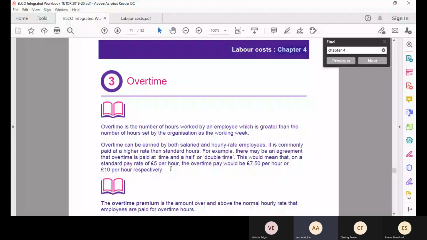Let's look at this question. Example number 1: an employee's basic hours in 1 week are 35 hours at a rate of £5 per hour.